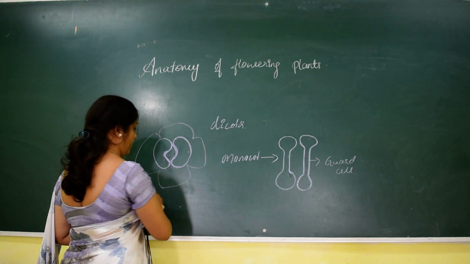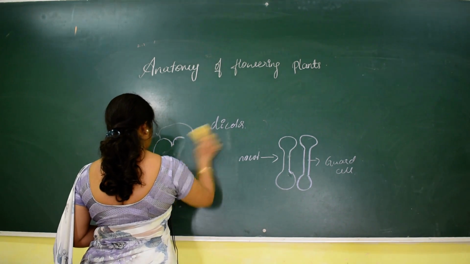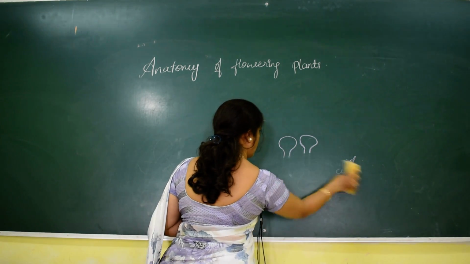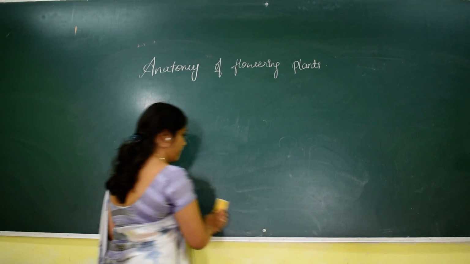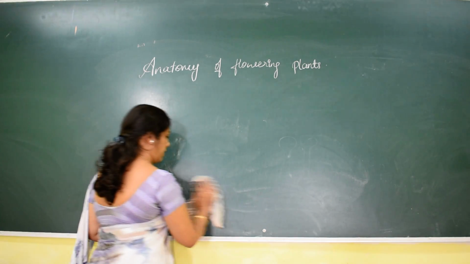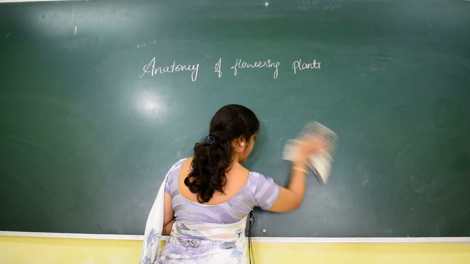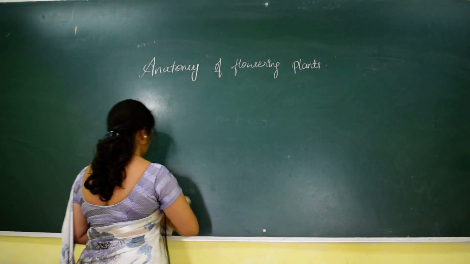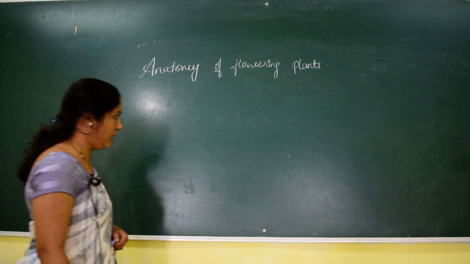So this is about the guard cell. Next, we will discuss the second type of tissue. We have completed the epidermal tissue system. We have discussed that it may be single layer or multi-layered.